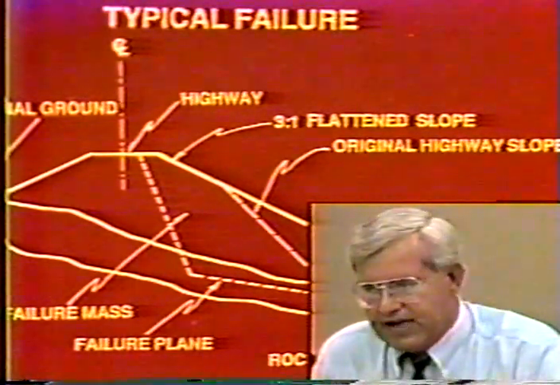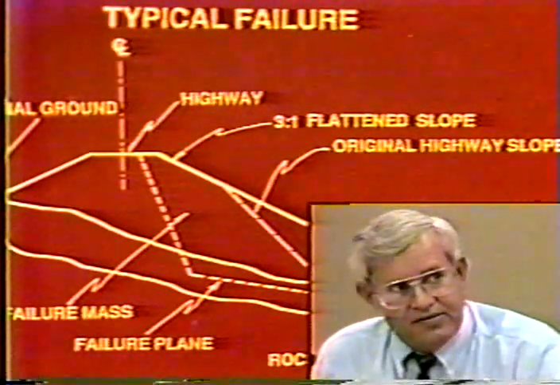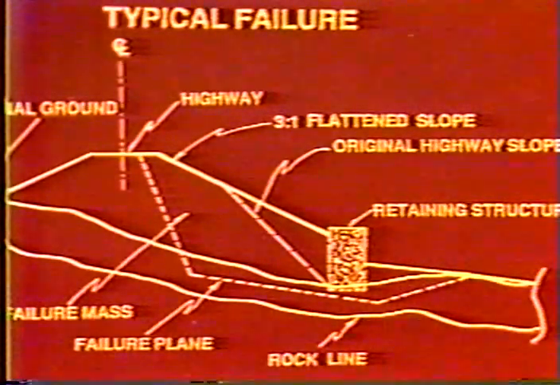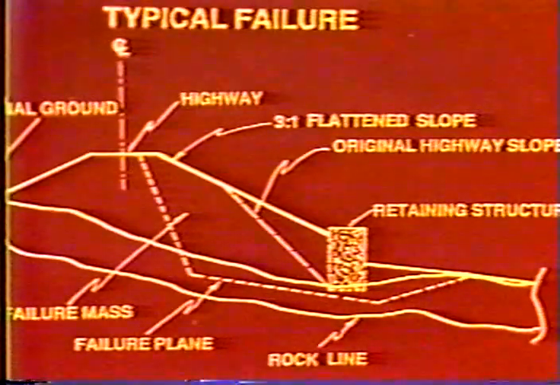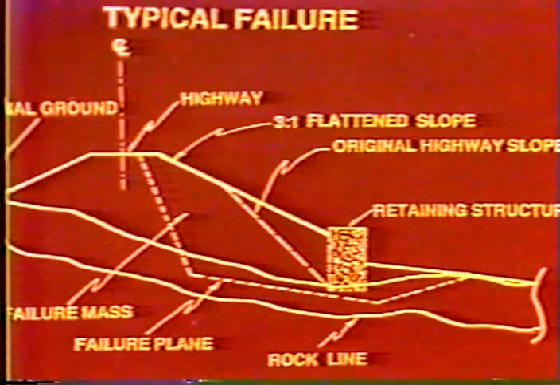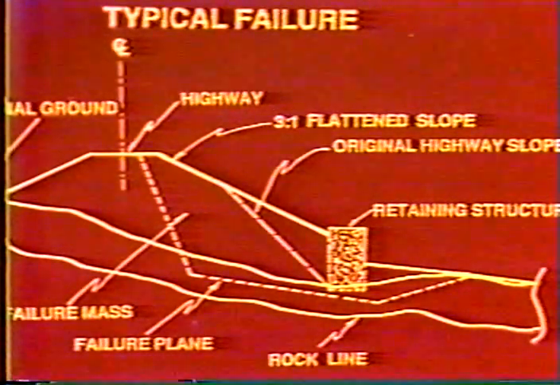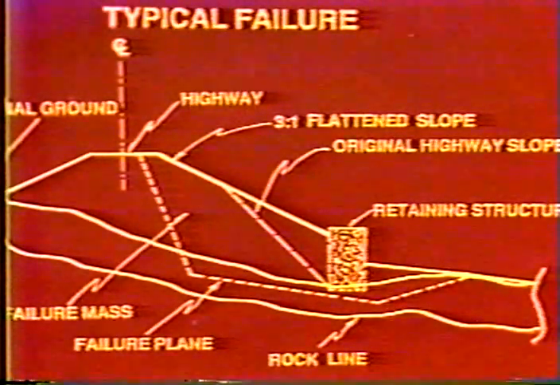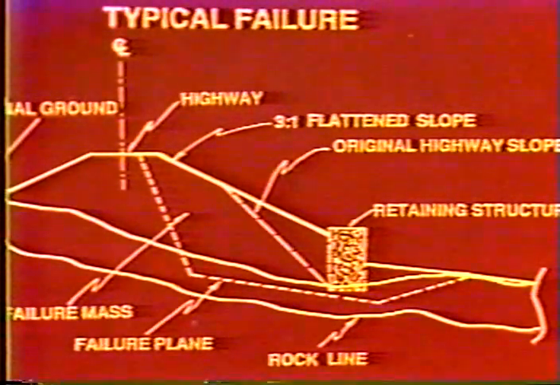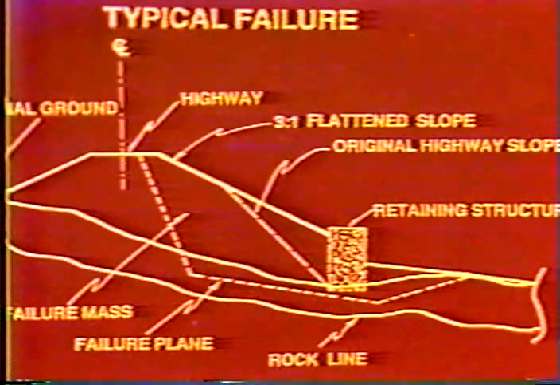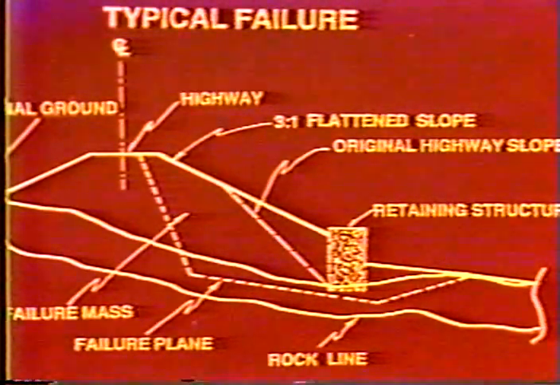What I'd like to emphasize is that you have to be careful in using the retaining wall at the toe of the slide, because in this case here, the failure mass, which is the 3 dashed lines there, is much greater than the soil wedge behind the wall, which is what the wall can retain, but our failure mass is much larger.